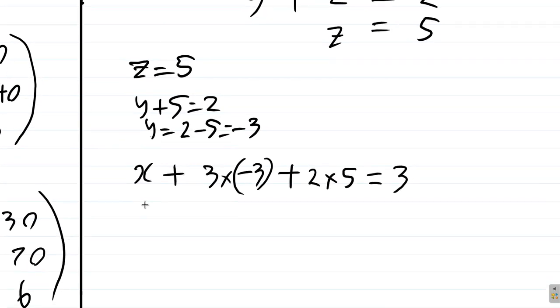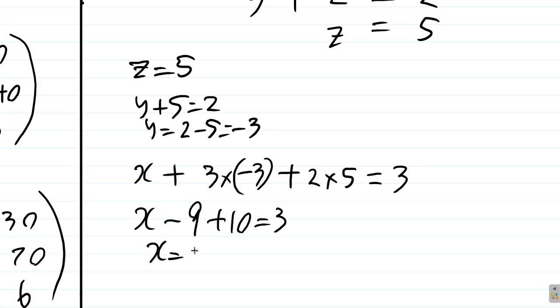Then x minus 9 plus 10 is equal to 3. So x is 3 minus 10 plus 9, which is 3 plus negative 1, so 3 minus 1 is equal to 2.